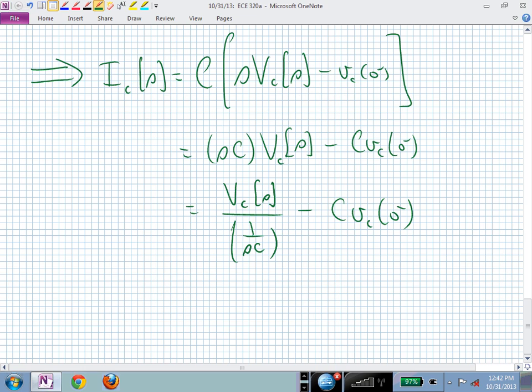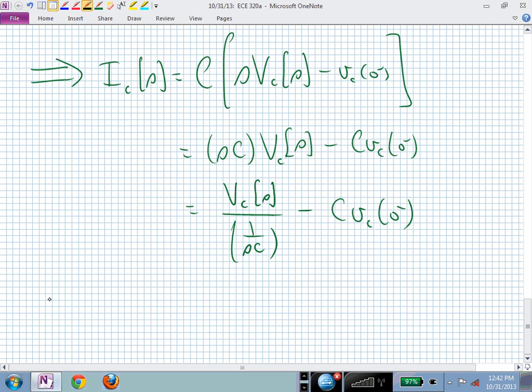The way this fell out of my current-voltage relationship, this is immediately the parallel connection structure, because it's all defined in terms of my current, I sub c of S.